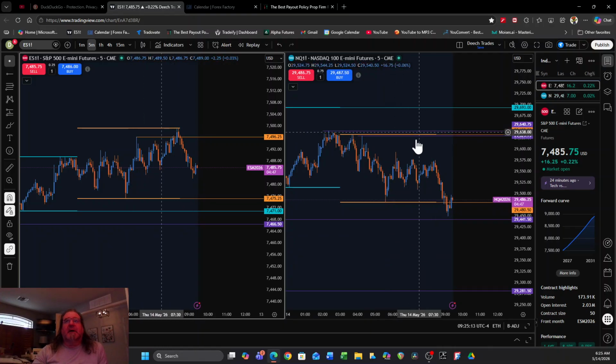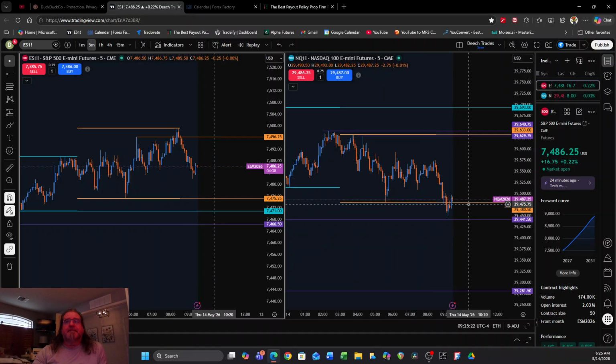We have a lot of really strong draws on liquidity up here. Since we've already taken out London lows in the pre-market, I think maybe just a quick move down to these hourly and then back up is probably what's going to end up playing with NASDAQ.